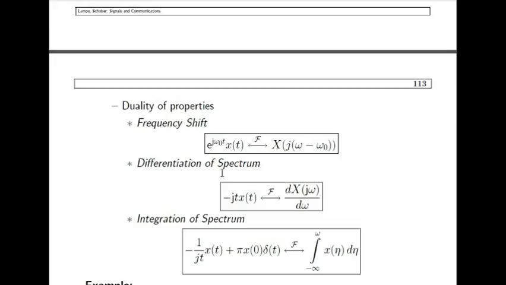If I want to differentiate the spectrum, then I need to multiply by −jt with x(t) to get the differentiated Fourier transform. And for integration of the spectrum, I can use the term −1/jt x(t) + πx(0)δ(t), and its Fourier transform will be the integral from minus infinity to ω of X(η) dη.